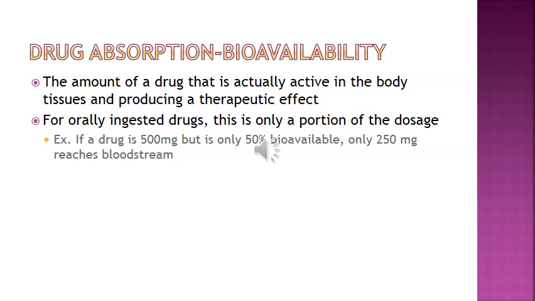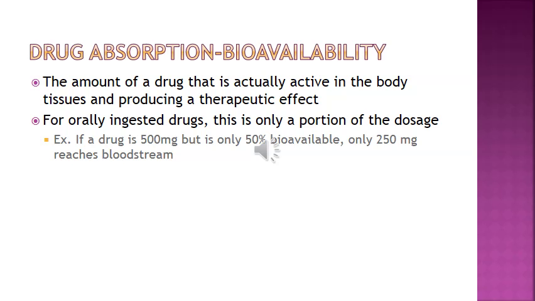Bioavailability, we look at the amount of the drug that's actually active in the body tissues producing an effect. Again, a lot of what's going to affect bioavailability is how much of an ingested drug will actually be active in the bloodstream. Because you have to consider, for example, with your oral, your enteral drugs that get administered orally, remember that they have to go through a first pass effect in the liver.